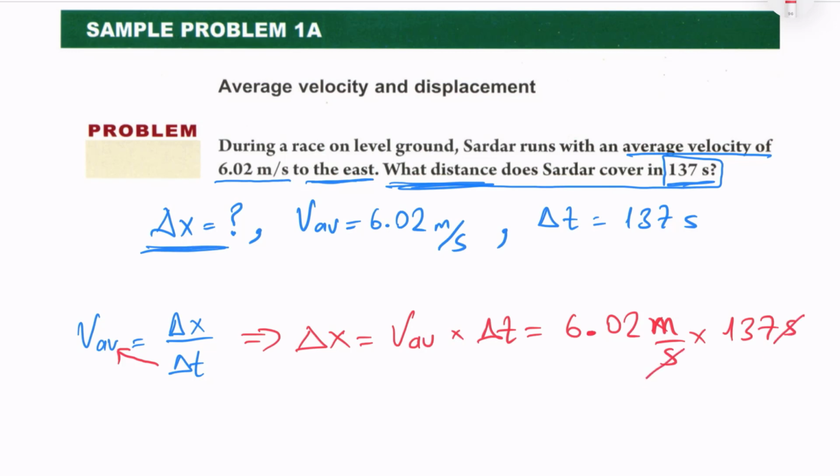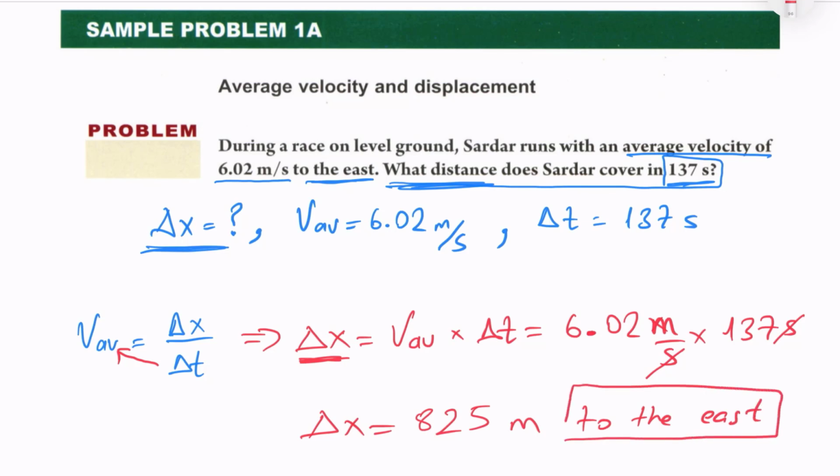Second and second cancel each other. We have only meter. So what is the unit of delta x, which is displacement or distance? It is the meter. When we multiply 6.02 times 137, delta x is going to be 825 meter to the east.